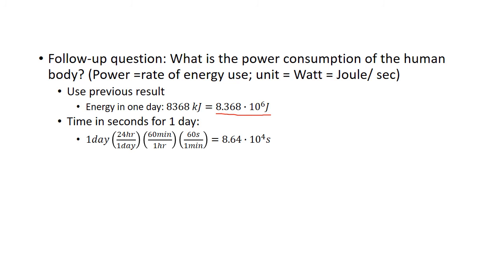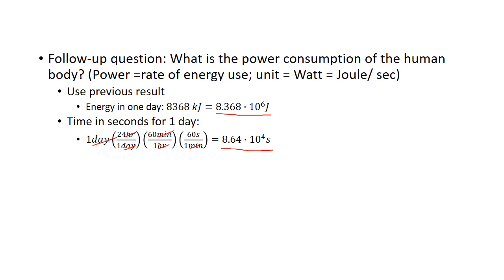Now, to do standard units, I'm going to want the time in seconds. So this should be a pretty straightforward conversion. The time is 1 day. 1 day is 24 hours. 24 hours is 60 minutes. 60 minutes is 60 seconds. And I carry out this calculation to get 8.6 times 10 to the fourth seconds.